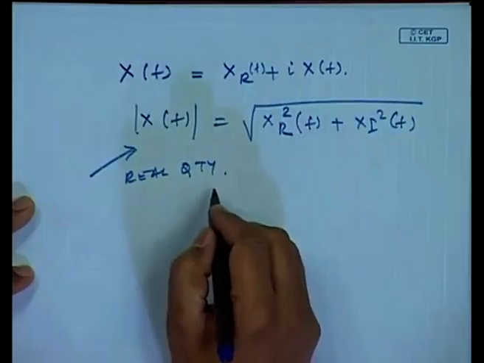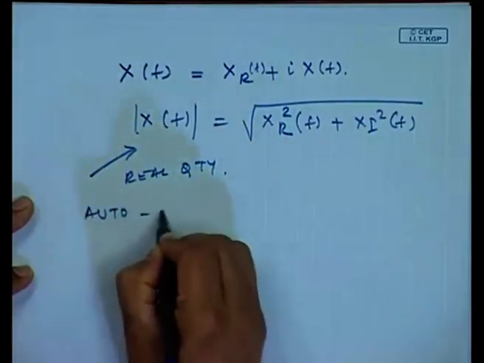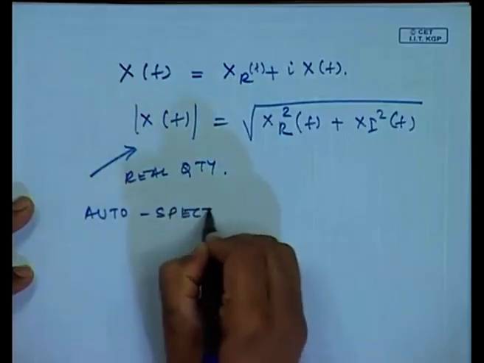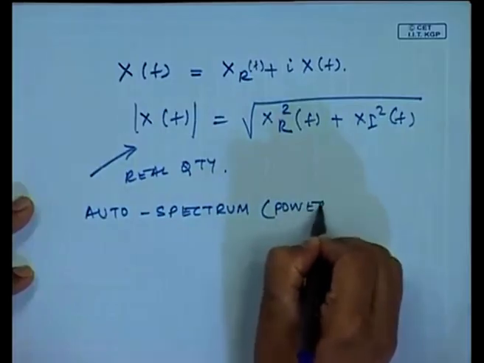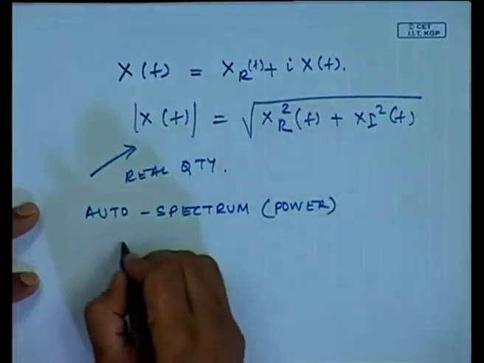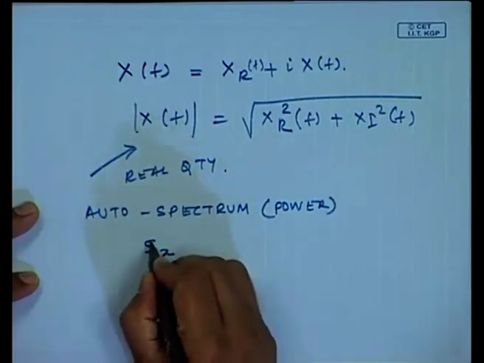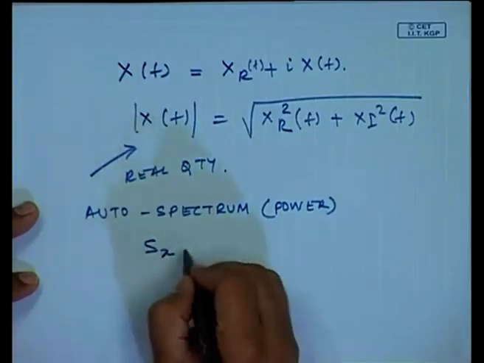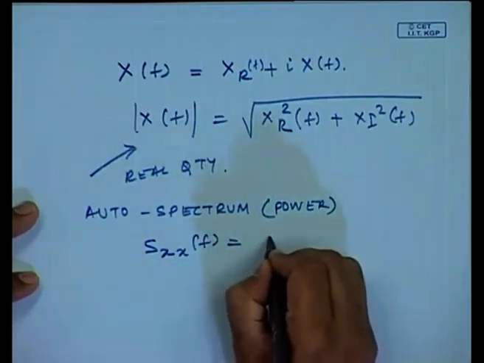And another quantity which we use is the auto spectrum or auto power spectrum of the signal. It is defined by this notation, capital S_xx(f).